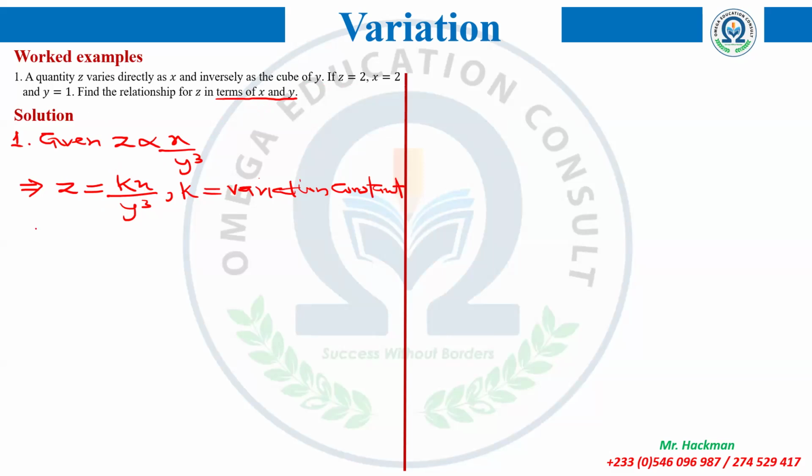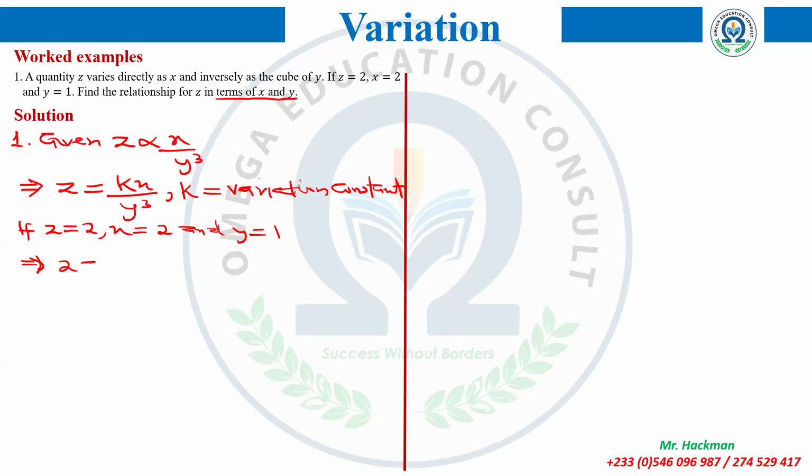Yes. So now this is what we are going to do. Even if it was "when", I've told you always use "if". So if Z is equal to 2, we are told that X will also be equal to 2, and Y will be equal to what? 1. So we come and substitute. So this implies that Z is 2.